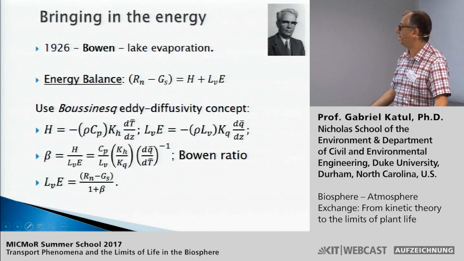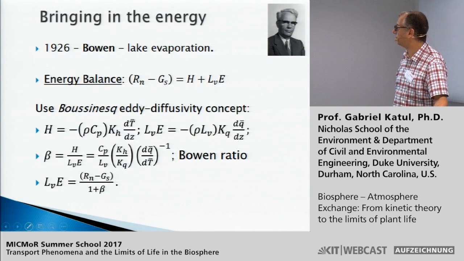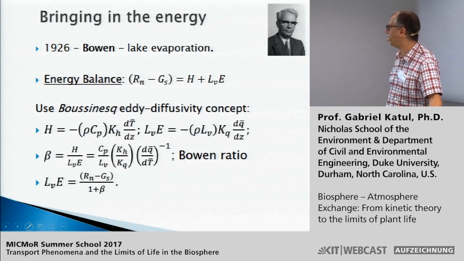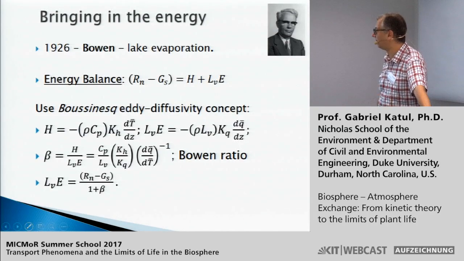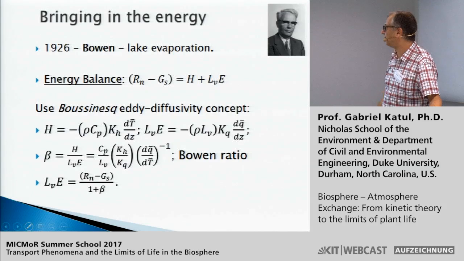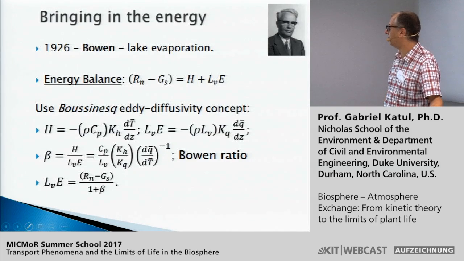Bowen had that foresight, and of course he immediately approached the problem from the perspective of an energy balance. He basically wrote that the net radiation minus the soil heat flux, or actually at the time the water heat flux, the heat flux that enters the water surface, must be balanced by the sensible heat flux and the latent heat flux. And then he used ideas similar to Boussinesq, where he introduced the eddy diffusivity.